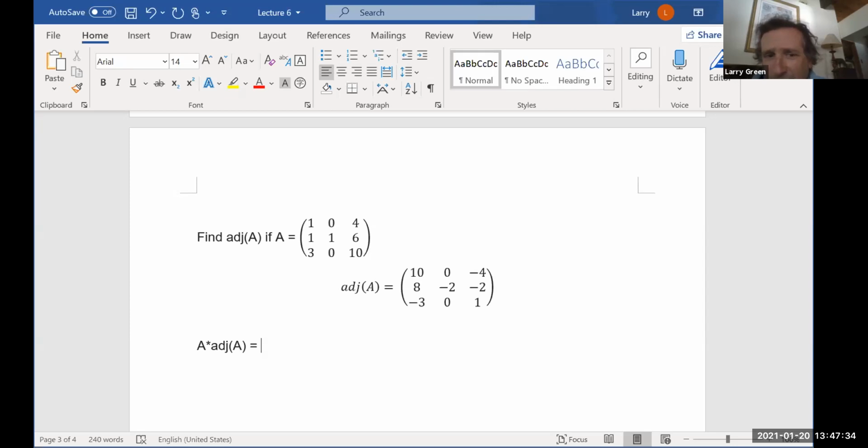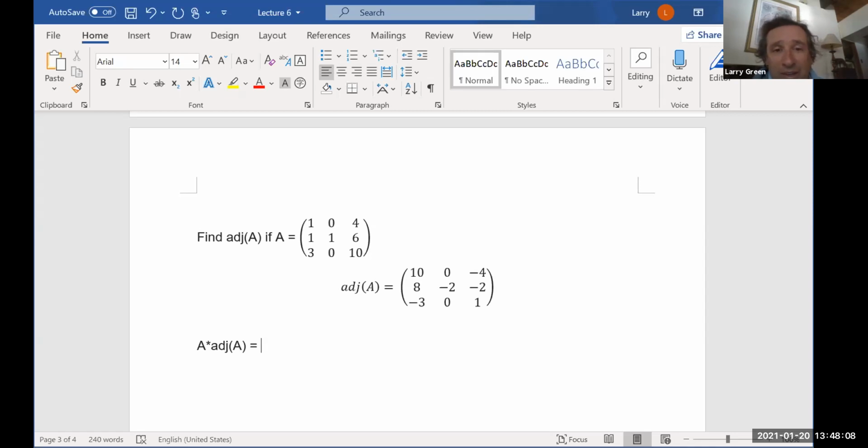-2 top left and bottom right. All right, I'm a little worried about your A adjoint 22, so right in the middle. Okay, so I see -2 along the diagonal, but what about off diagonal? What do you get? Yeah, 0.